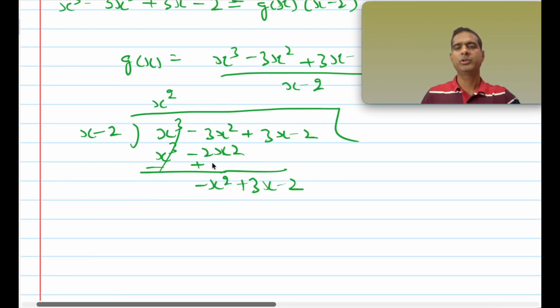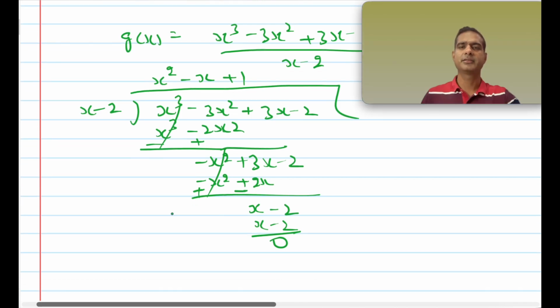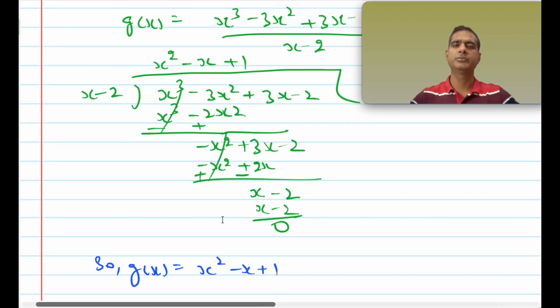Now we want minus x square, so it will be minus x times, giving minus x square plus 2x. This will cancel out, so 3 minus 2 is x, so x minus 2. So it will go plus 1 times x minus 2, the remainder is 0. So g of x will be x square minus x plus 1. This is the value of g of x.